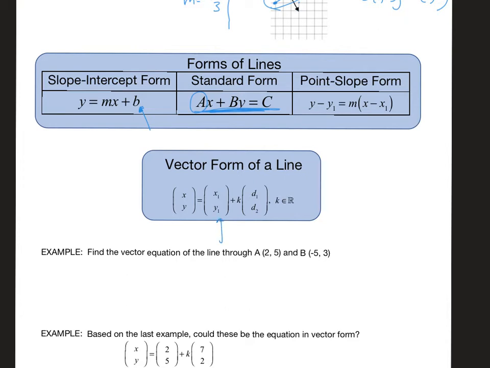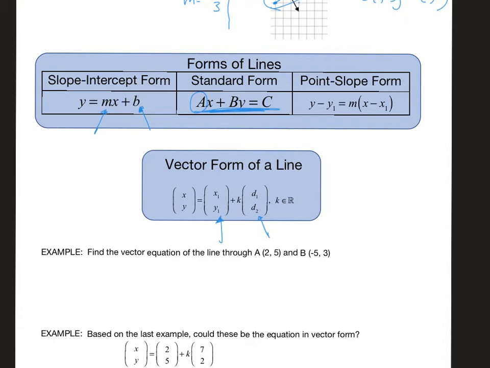It's literally a starting location on a graph. And in slope-intercept form, there is this m, which is a direction. It tells you where to go, the rise over the run. And this vector is a direction vector. So vector form of a line is very similar to slope-intercept form.